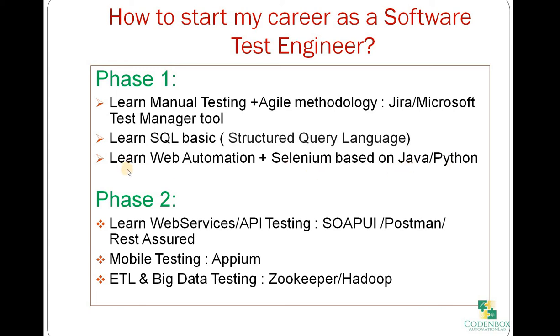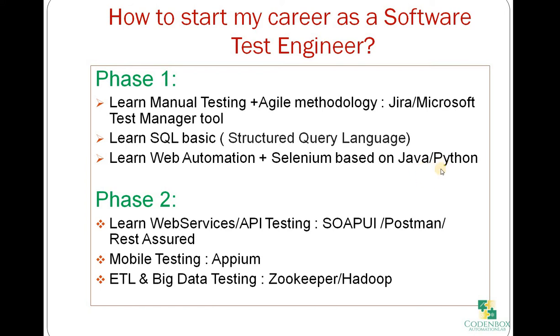So you have to learn web or UI automation, focusing specifically on the Selenium API, with either Java or Python. You have to learn one of those languages. If you are a self-learner, you can check online. There are lots of tutorials for Selenium with Java or Python.